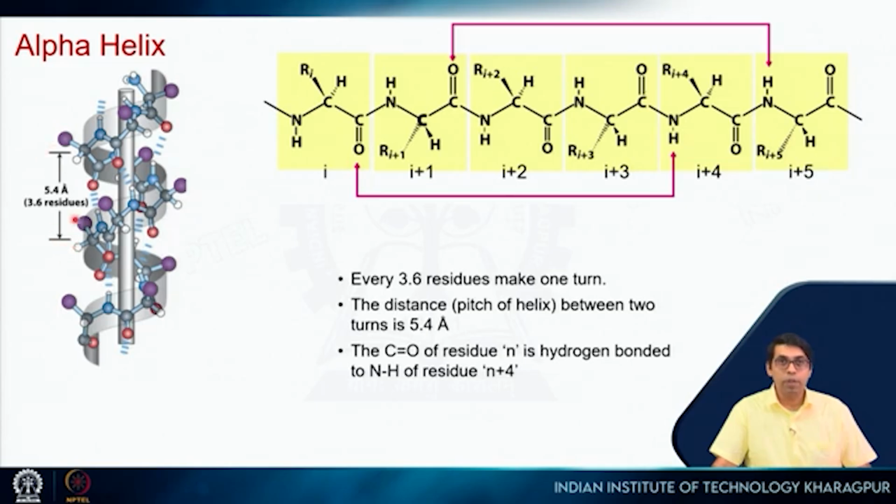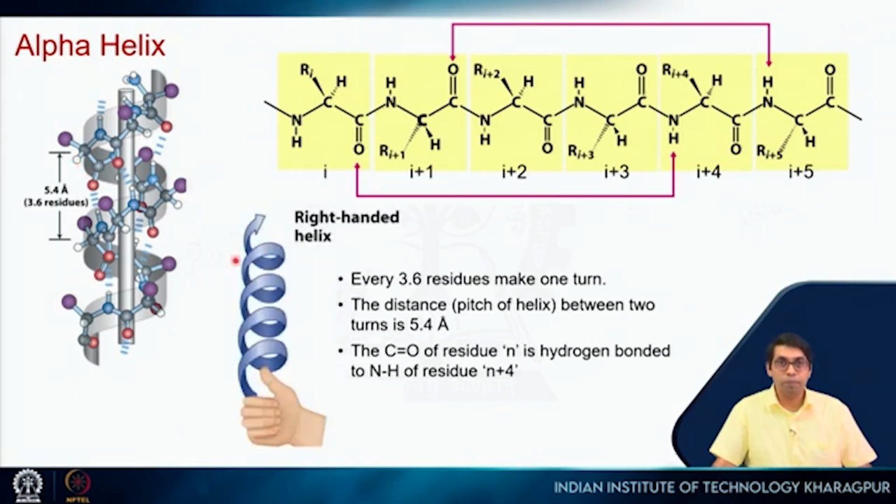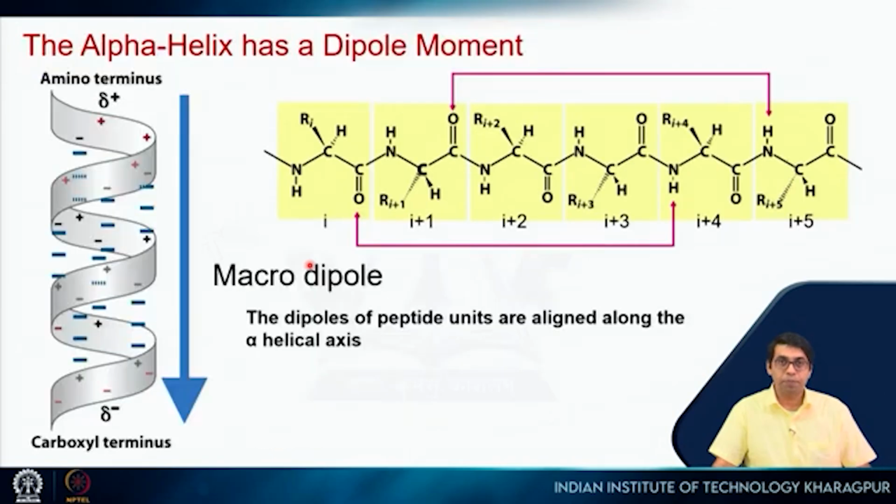So if I measure it from here to here, it will be 5.4 angstrom. And these are all right-handed helices. So most alpha helices are right-handed. Some can also be left-handed and they occupy a different region in the Ramachandran plot.